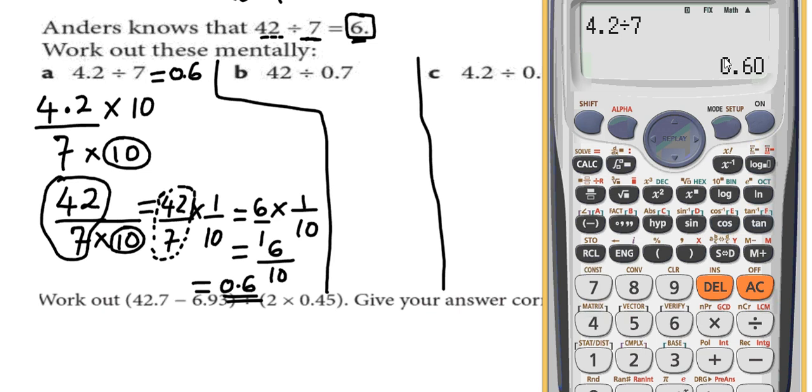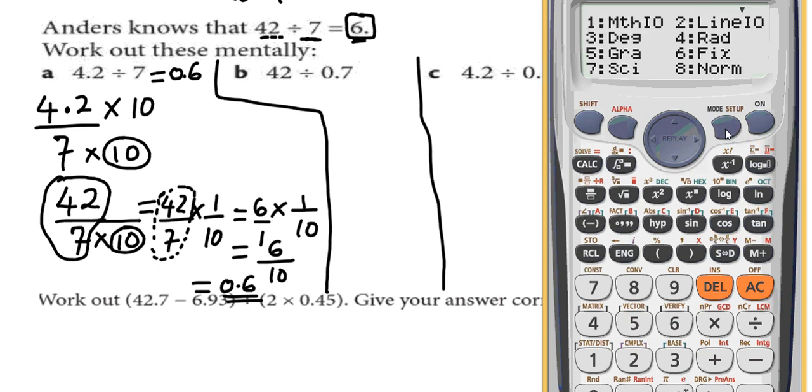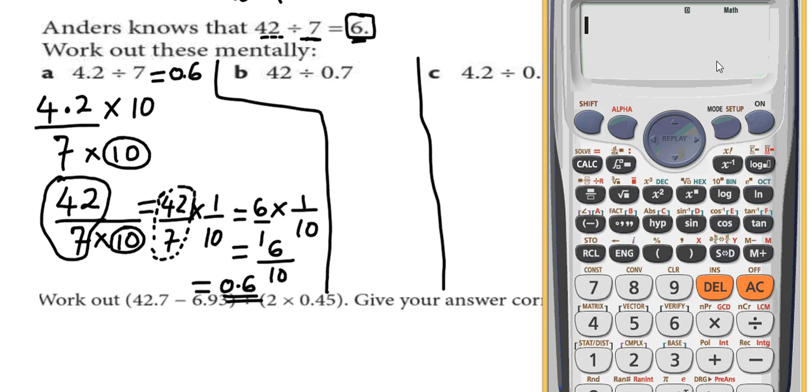Why? Because my calculator has a fixed mode. So let us clear the fixed mode. Okay, the calculator is free from fixed mode. So let us do the calculation. 4.2 divided by 7. Can you see now? It's 0.6, and we got 0.6.